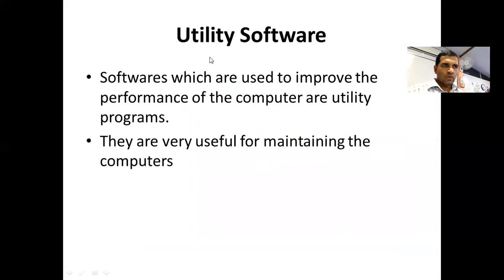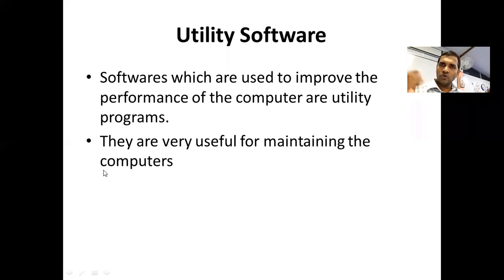Have a look at this. Utility software which is used to improve the performance of the computers is called utility programs. They are very useful for maintaining the computer, because increasing or enhancing the performance is always related to maintenance.